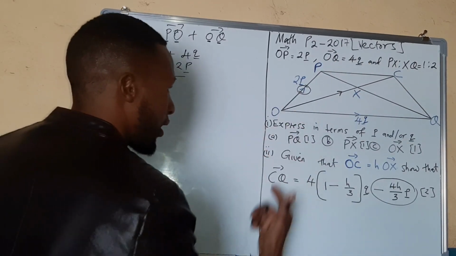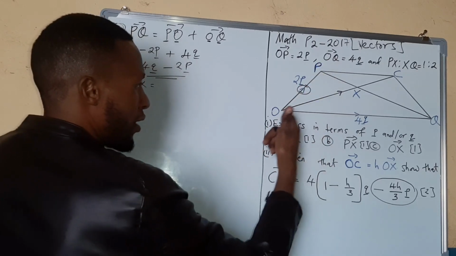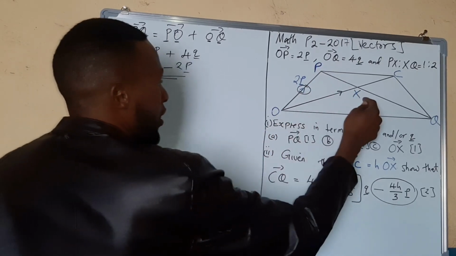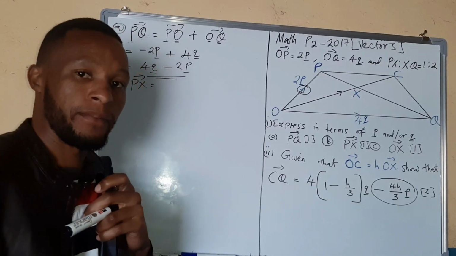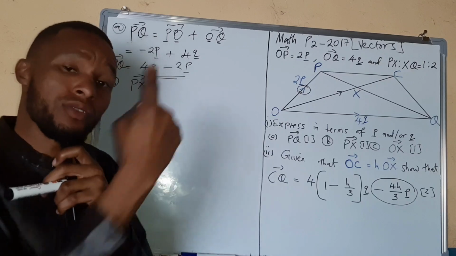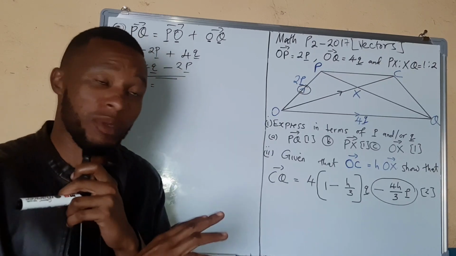If I go PO, then OX, again I'll be stuck on the OX, because we do not have a value there. So we go back to the statement.